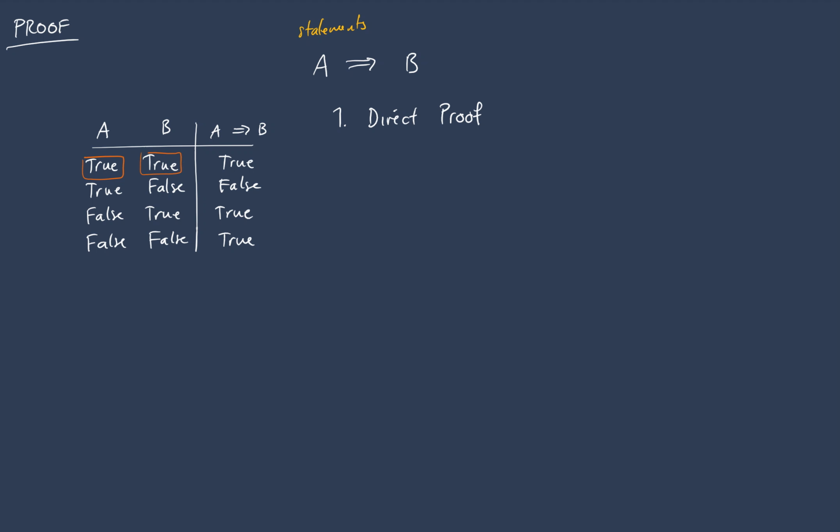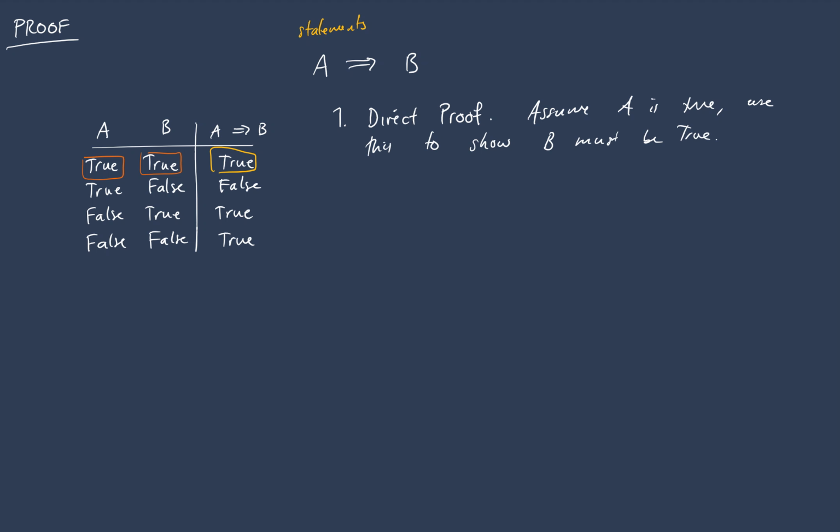Because if we can show that A being true leads to B being true, then our implication is going to automatically be true, and we're done. So this is: assume A is true. Use this to show B must be true. That rules out the second row of the table, which means that the implication is going to be true.